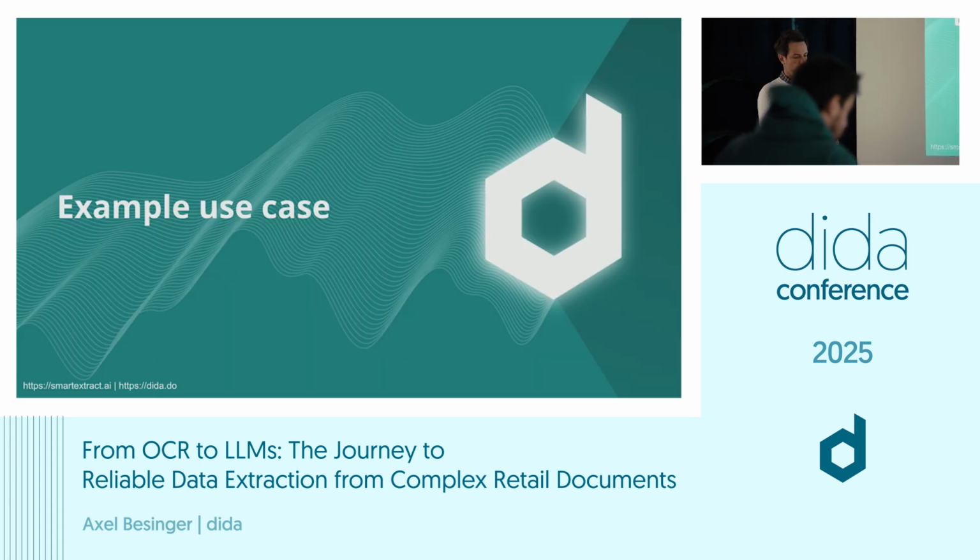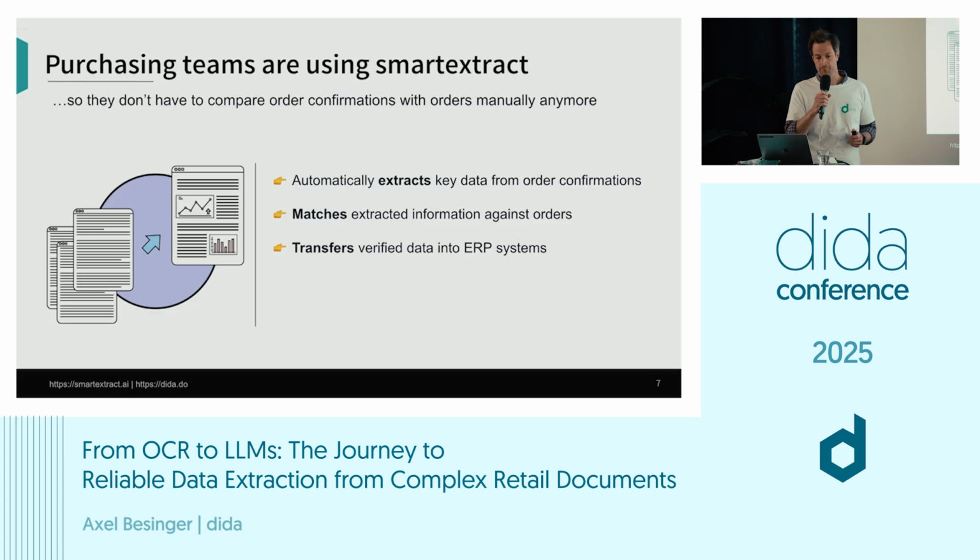Smartextract is already in use in various industries and departments, but let me give you two examples. For example, an energy consulting and software company is using smartextract to extract key data from energy certificates in order to then downstream it to their software product. And then what you see here is the purchasing teams.